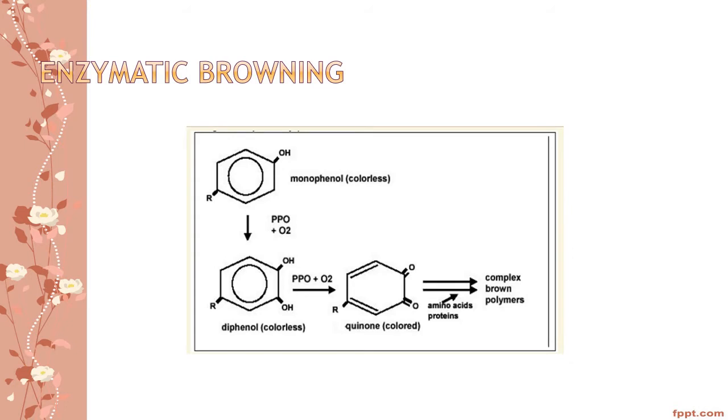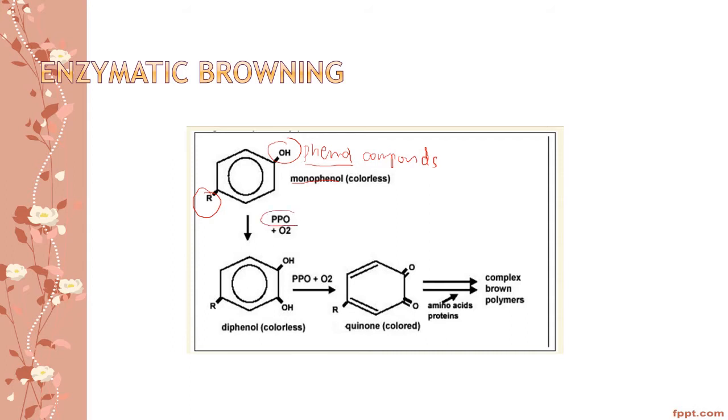This is an illustration of the reaction of enzymatic browning. You have this phenol compound. It doesn't matter what the substituent group is; as long as it has a benzene and OH, it is a phenol. This is a monophenol because you only have one phenol unit.